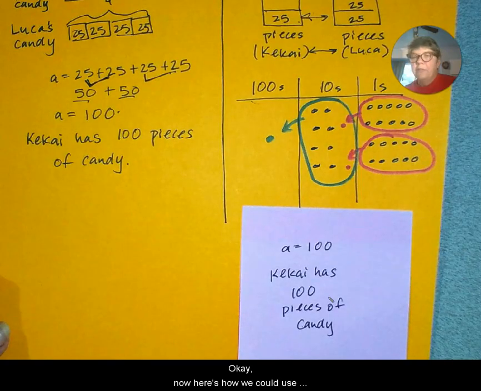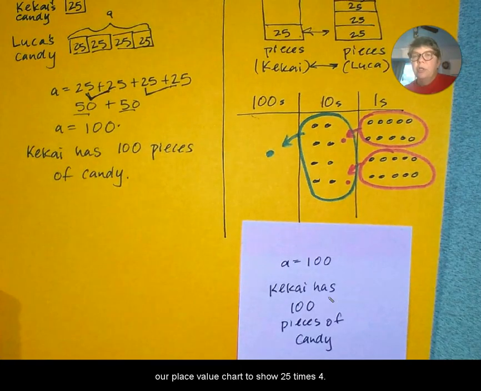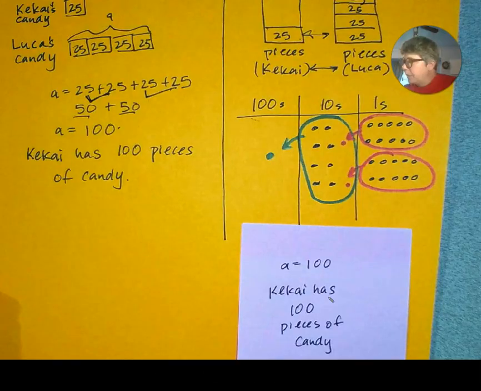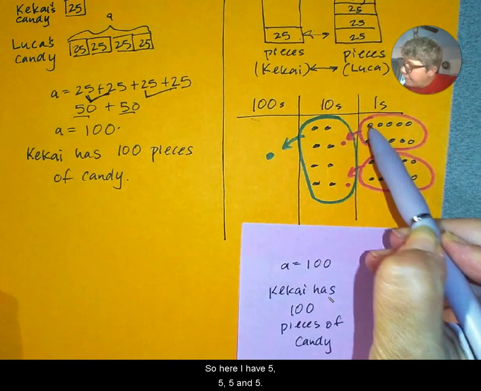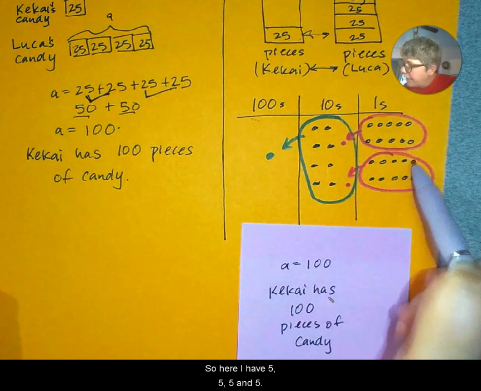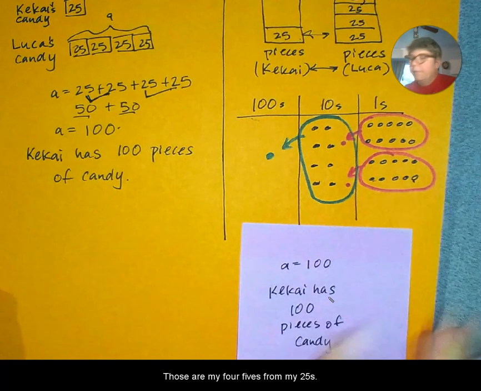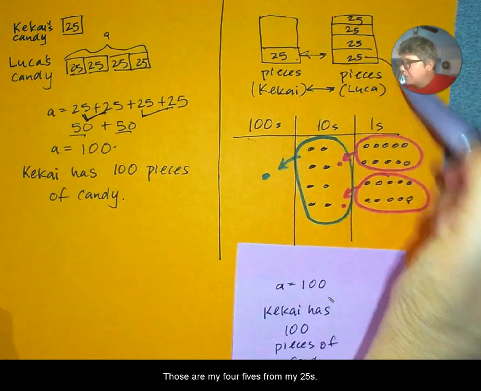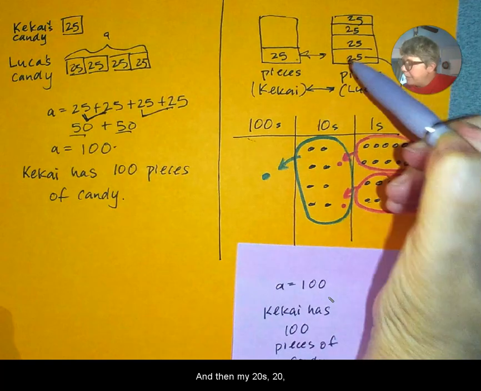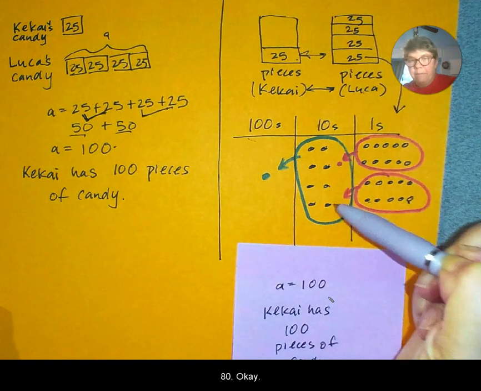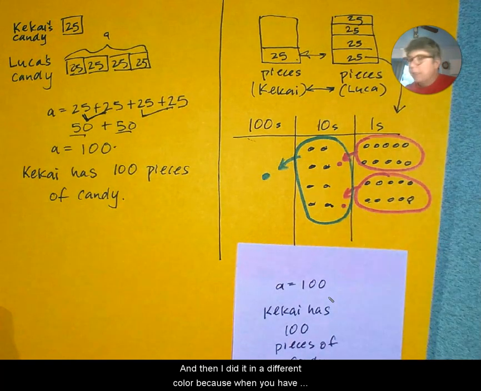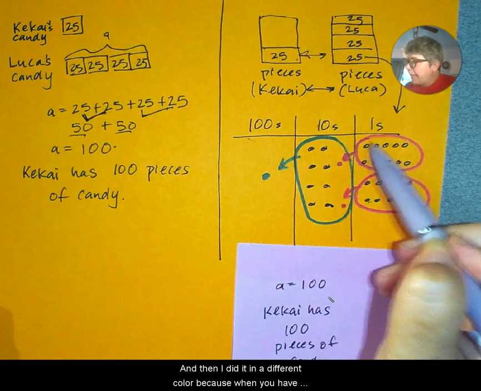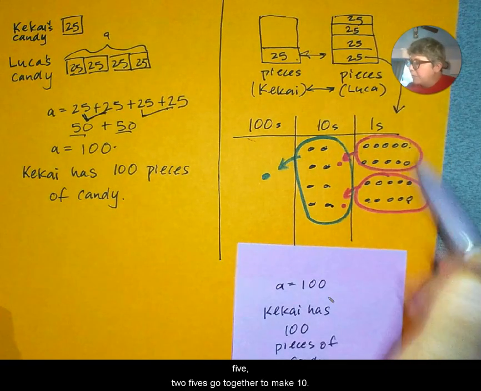Okay, now here's how we could use our place value chart to show 25 times 4. So here I have 5, 5, 5, and 5. Those are my 4 5s from my 25s. And then my 20s, 20, 40, 60, 80. Okay, and then I did it in a different color because when you have 5, 2 5s go together to make 10.